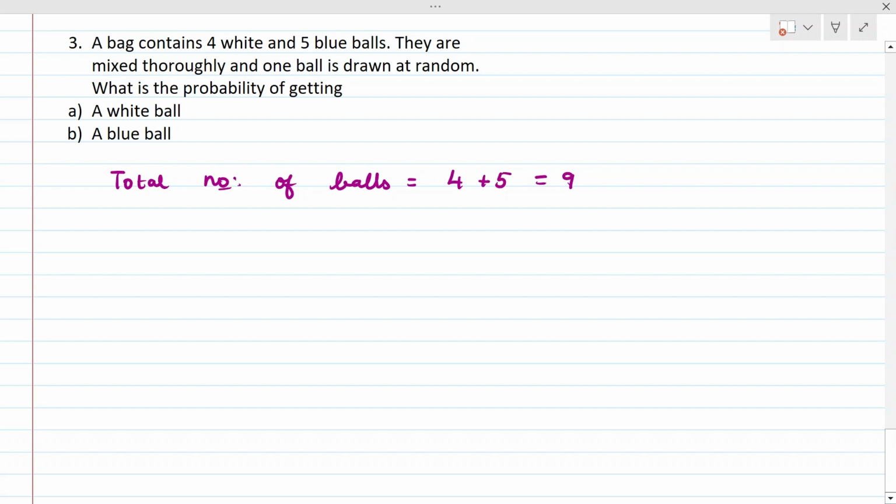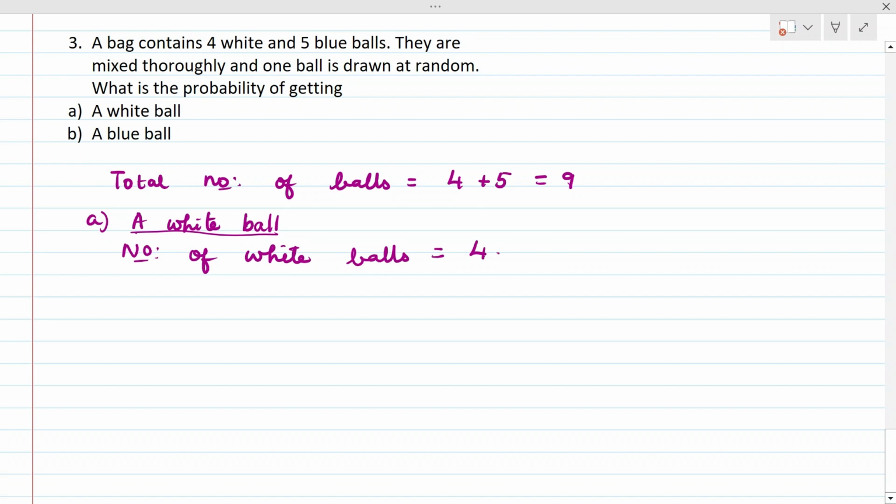Now the first subdivision: a white ball. The probability is found using what is our requirement divided by the total possibility. So what is our requirement? A white ball, so the number of white balls. How many white balls? 4 white balls are there.